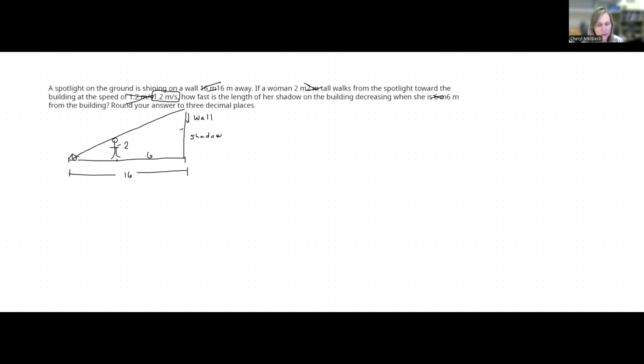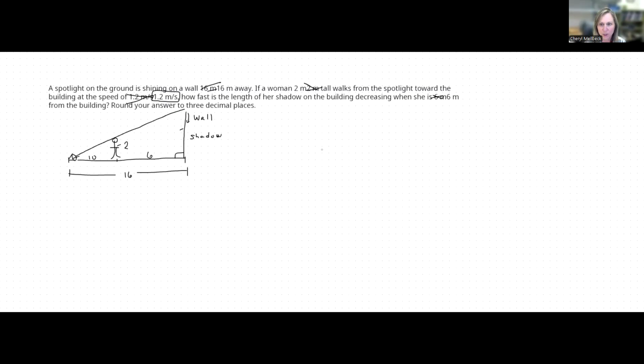I didn't really draw this super to proportion, but if this is 6, that would mean if the whole length is 16, this little length here would be 10. Now, I was thinking that we needed to use trigonometry to relate this distance to the wall distance, tangent being the opposite over the adjacent, but it's much simpler than that. After exploring it a little further, we can use ratios of similar triangles.